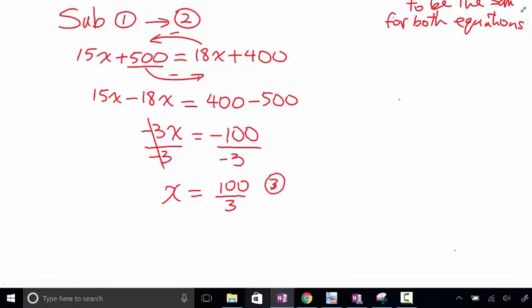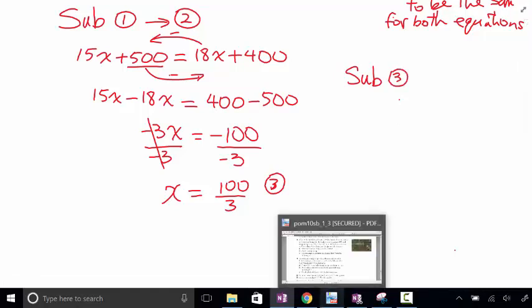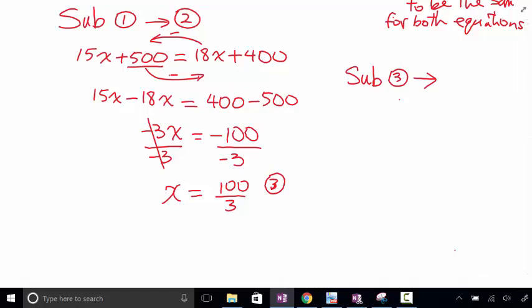So I'll call that equation number 3. And what I'm going to do to solve for y, I'm going to sub in equation number 3, which is x equals 100 over 3, into which equation? Does it matter? No, because the y value should be the same.